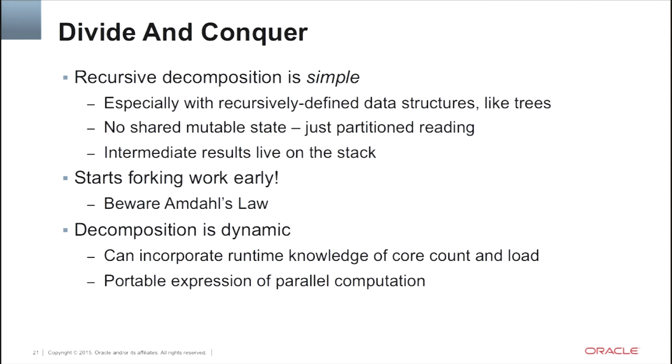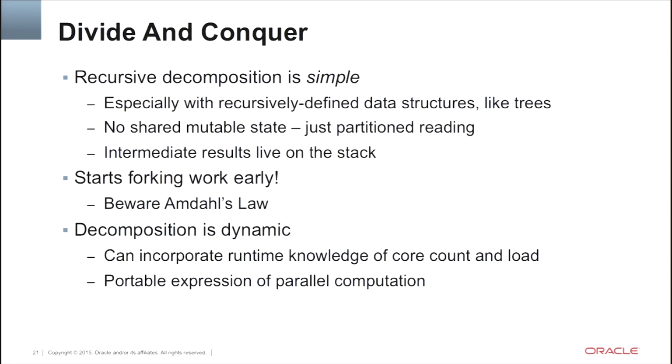That's really easy. And the other thing that's less obvious is we start forking off work as early as we can, right? Because whenever we start a parallel problem, we're only on one core. Nothing ever starts out in parallel. And there's always a certain amount of time lag between when I say, here, you do this part of the problem, and the time the other worker takes the handoff, right?